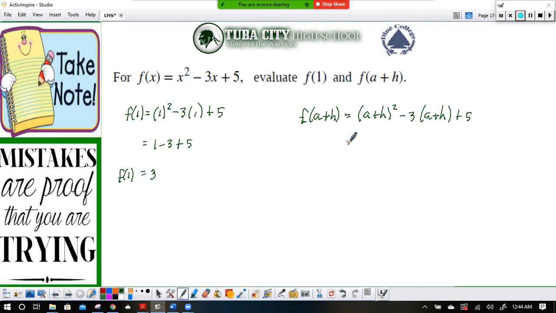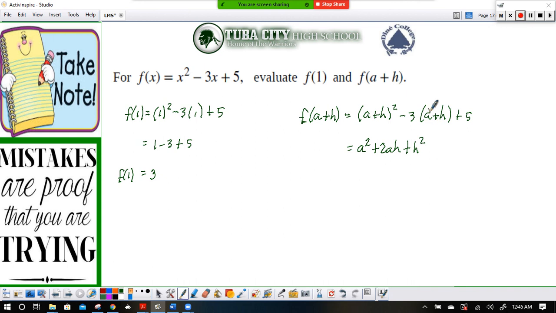We will square this binomial using the formula. We square the first, that is a squared, twice the product of these two, so that will be plus 2 times a times h, and then square the last, that is plus h squared.